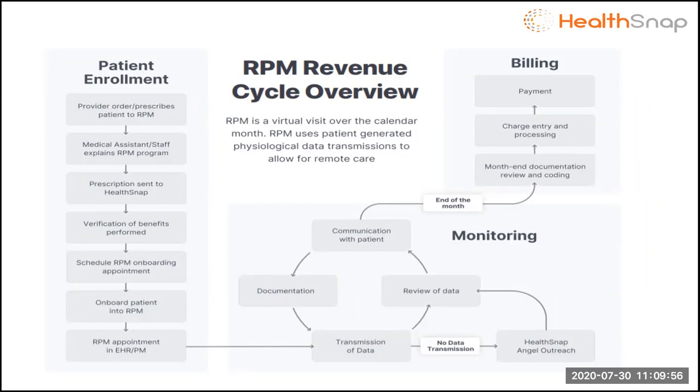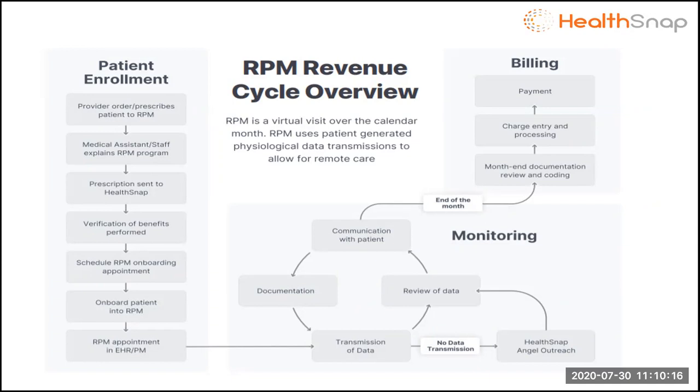We, as HealthSnap, encourage, with our HealthSnap Angels, continued communication and transmission of data. If there is no transmission of data, we continue outreach to get the patient back on track. The circle is reviewing the data, communicating with the patient, and constant documentation throughout the calendar month.